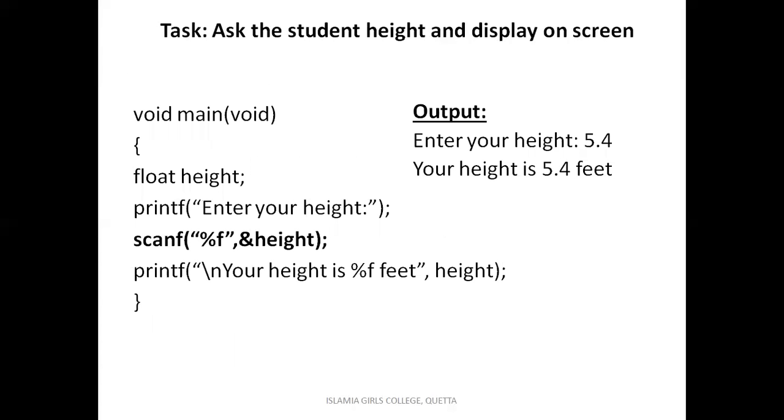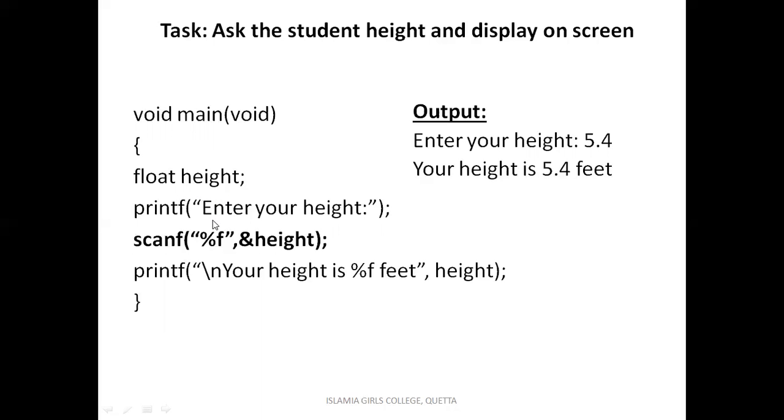In our next example, we will see how you can take the floating point data from the user and display it on the screen. And as an example of the floating point data, we have taken the student's height. So you will declare a floating point variable using the keyword float, and then you will write down the height, and in the same way in the memory 4 bytes will be reserved and the name height will be given because for the float 4 bytes are reserved in memory.